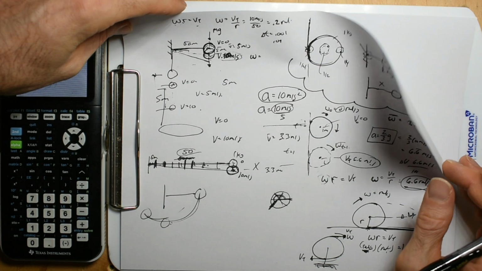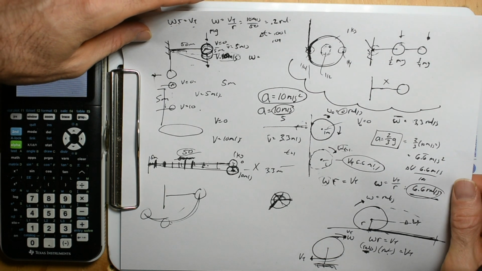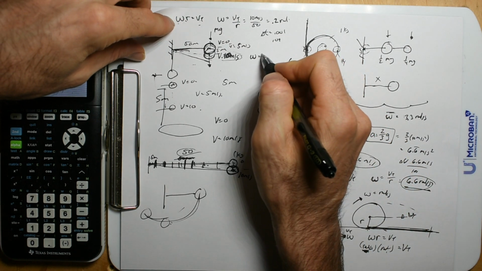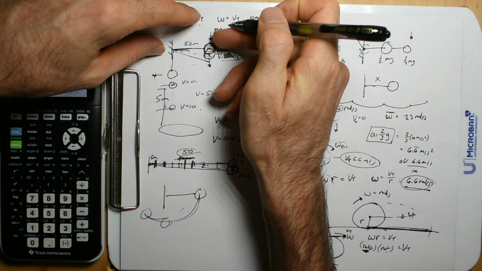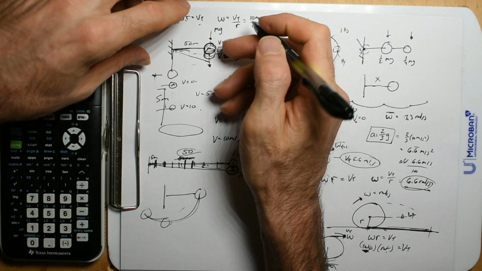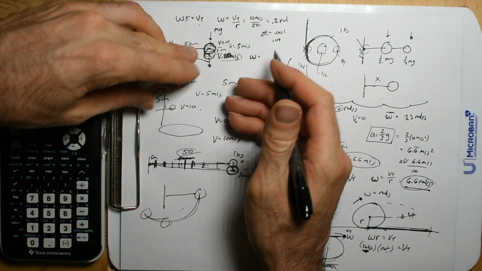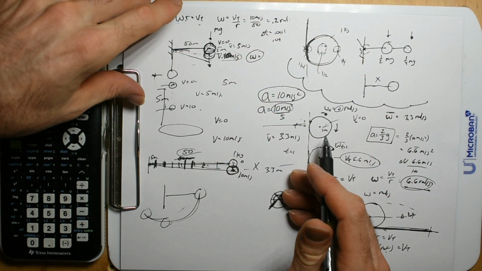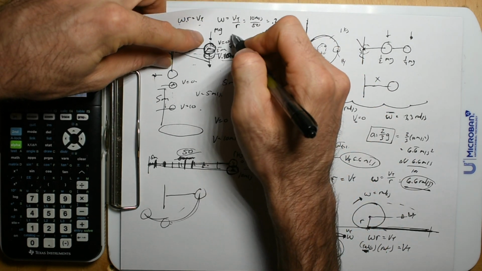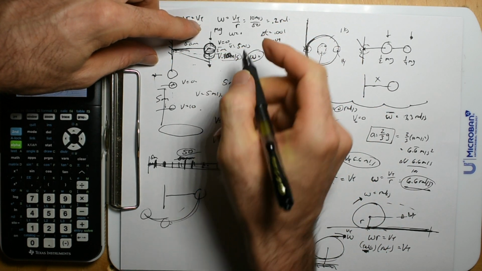Cool. So now we can move on, and that's kind of what you're doing. We're trying to simplify a problem into linear motion under the force of gravity, finding our angular velocity, and we know that our angular velocity at time 0 is 0.